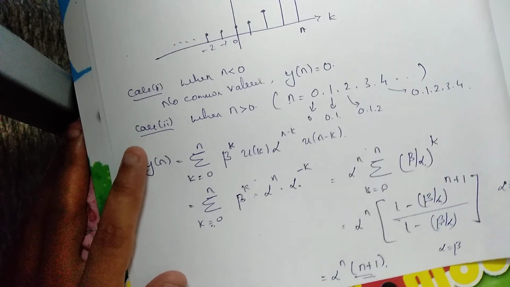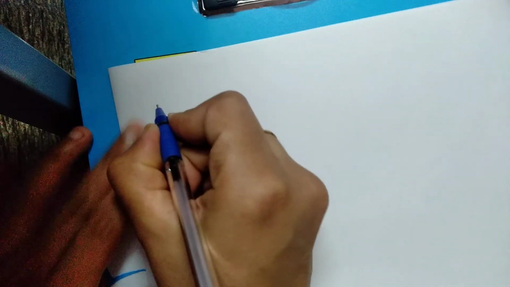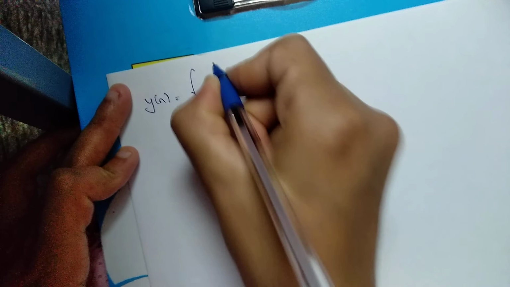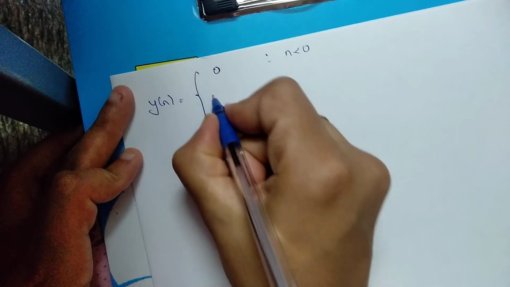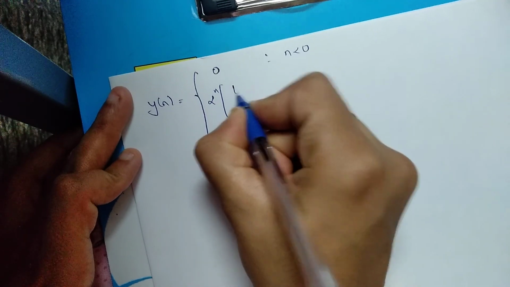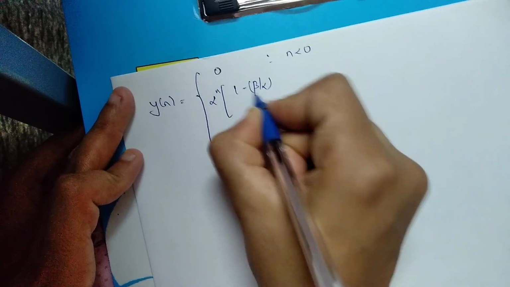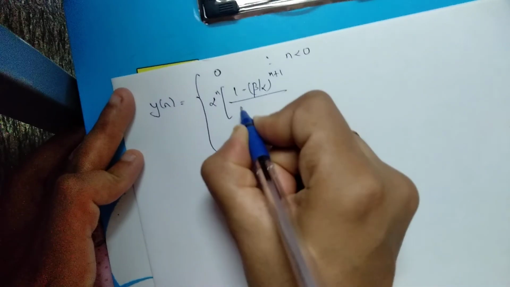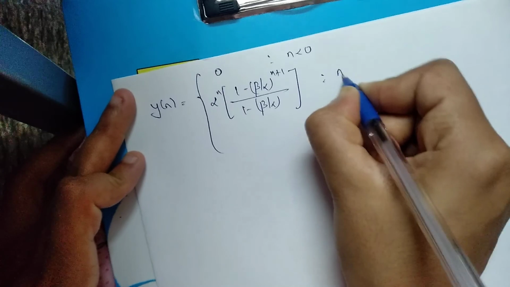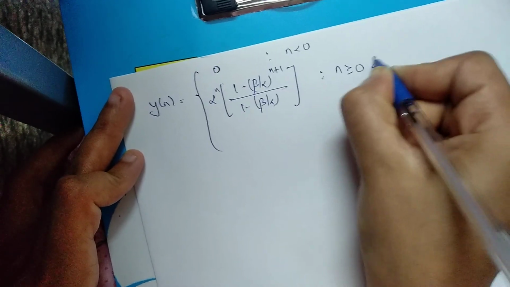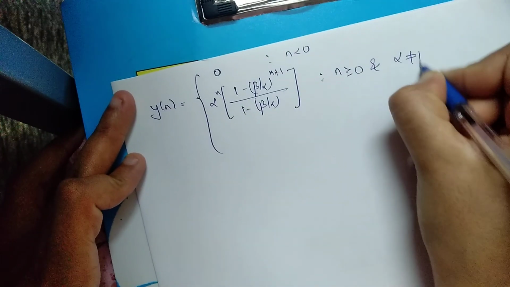Okay, so we can summarize this y of n. I am writing here: y of n is 0 when n is less than 0, and it is alpha to the power of n times (1 minus (beta by alpha) to the power of n plus 1) divided by (1 minus beta by alpha) when n is greater than or equal to 0 and alpha is not equal to beta.